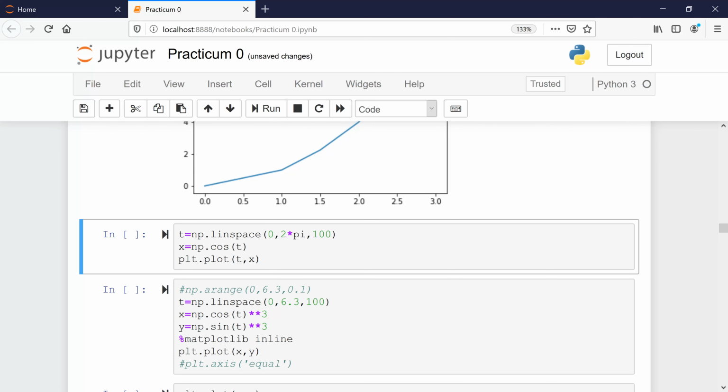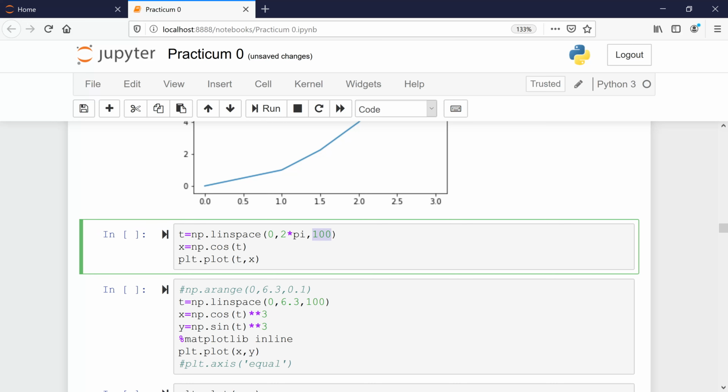What we can do is, for example, suppose we want to plot the cosine now. 3 or 4 points will get an unsmooth curve, so we usually take 100 points or something bigger. One way of doing this is to take a long vector having, let us say, 100 entries.